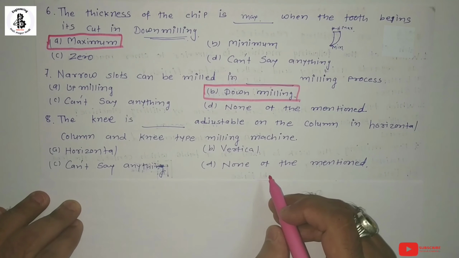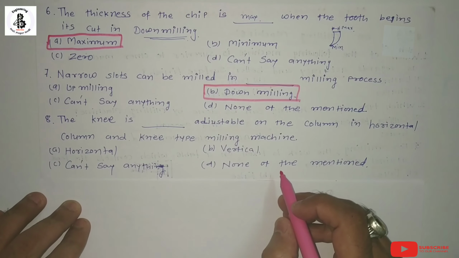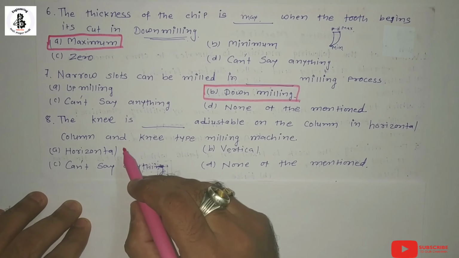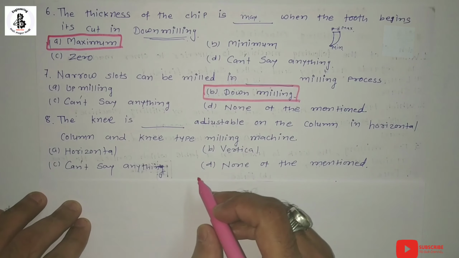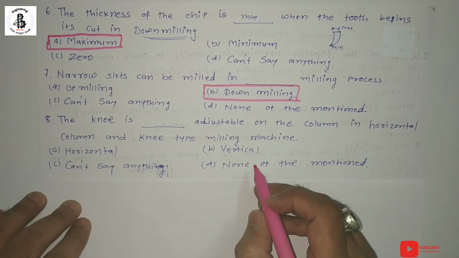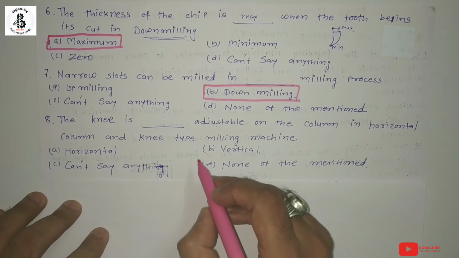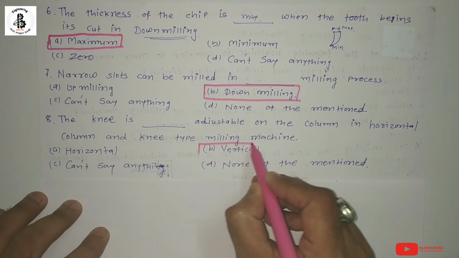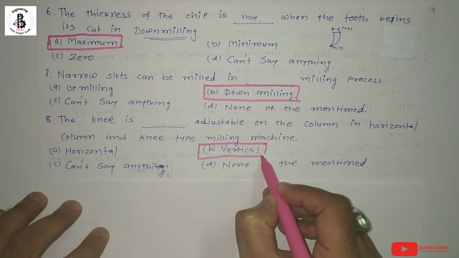So this question is related to the construction and working of a horizontal column and knee type of milling machine. Basically, the knee is vertically adjustable on the column. So you can easily adjust the height of the workpiece with respect to your milling cutter.